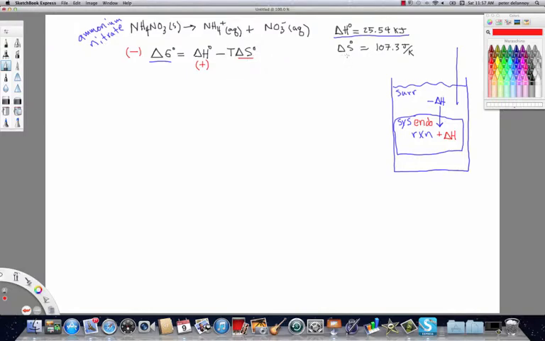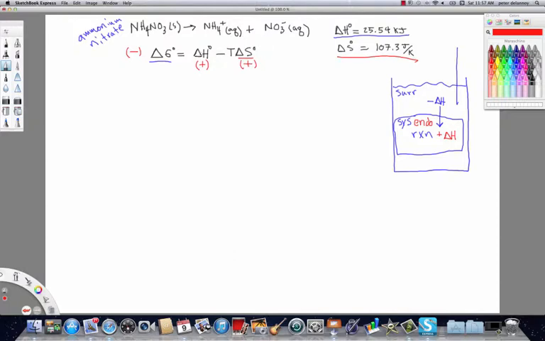So the value for this reaction is actually a positive number, 107.3 joules per Kelvin. So the entropy for this reaction indicates that there's actually an increase in disorder. So the driving force of this reaction turns out to be the entropy because it's a positive number. So the disorder has actually increased.